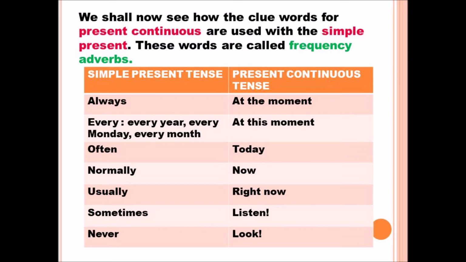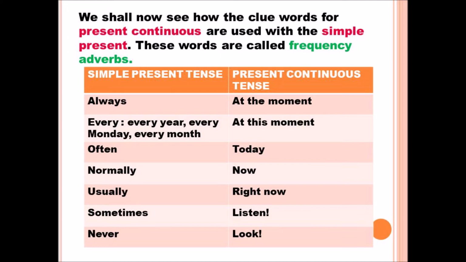Next, often. Here, today. So today it is happening now. Often means every time. Frequently it happens. Normally. Here, now. Usually, right now. Sometimes. Here we have listen. Here, never.